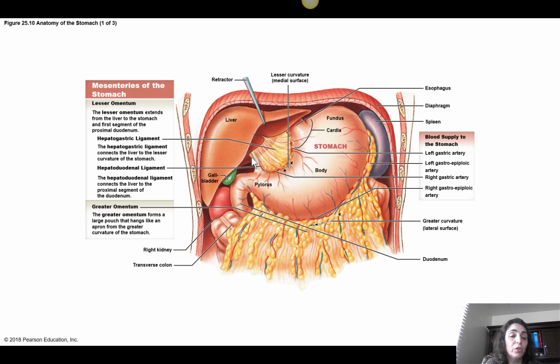When we get to the liver, we will talk about the liver and its function and what it's doing with all the nutrition and the material that is coming from the digestive system to the liver, right?